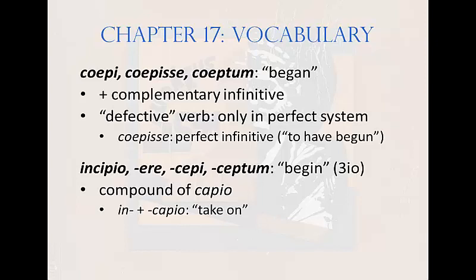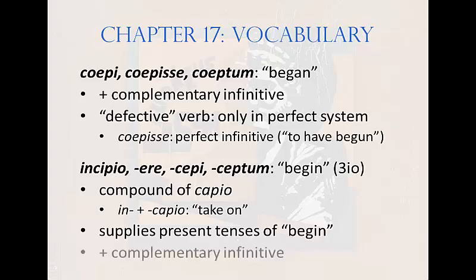But incipio is not just a frivolous synonym. It gave the Romans the ability to say begin, or was beginning, or will begin. In other words, use any of the present tense system of verbs, something coepi couldn't do. And like coepi, incipio expects a complementary infinitive, to begin to do something.